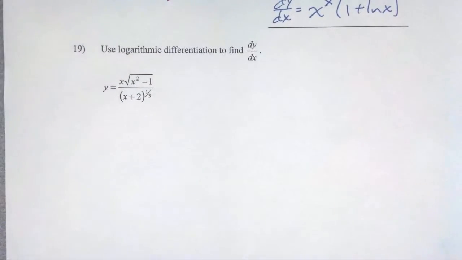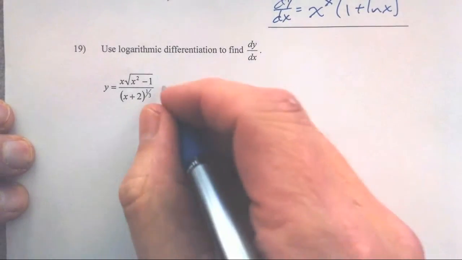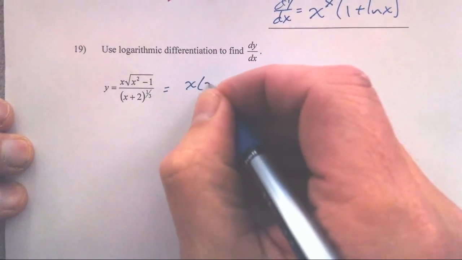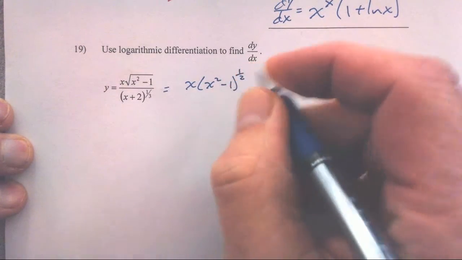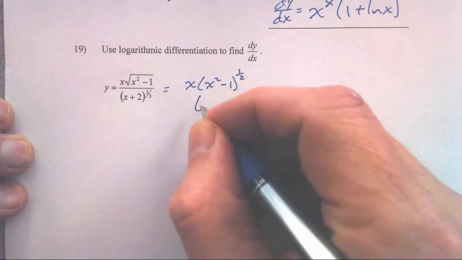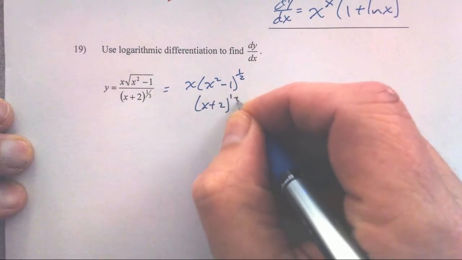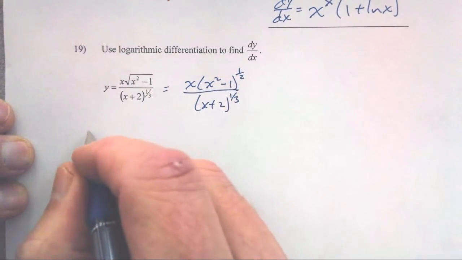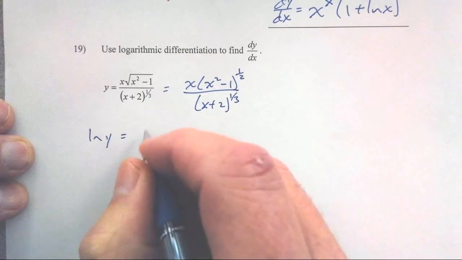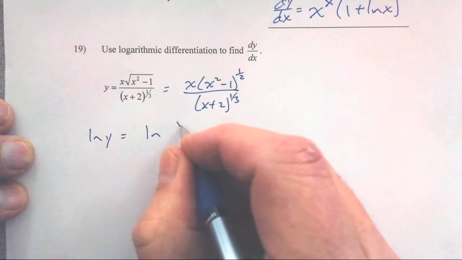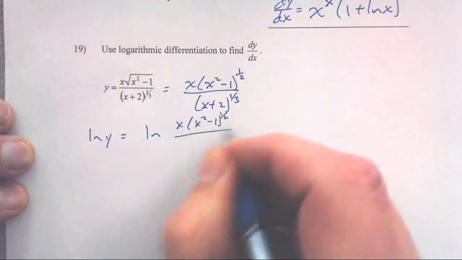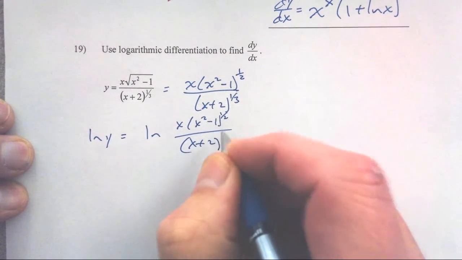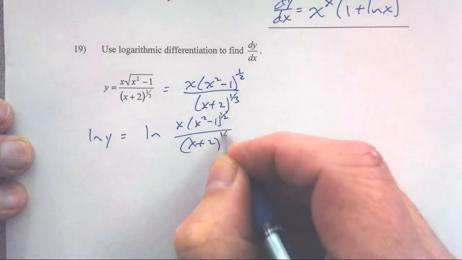Okay, use logarithmic differentiation. Well, we know how to do that. We just did. What's the payoff? I might want to think of this as x times (x squared minus 1) to the 1/2, divided by (x plus 2) to the 1/3. Okay, ln y equals ln of that whole expression.